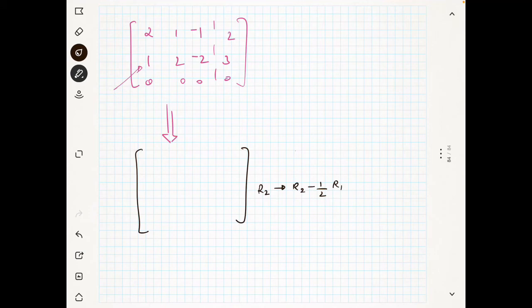Is it clear? So 1 minus half of 2, this becomes 0.